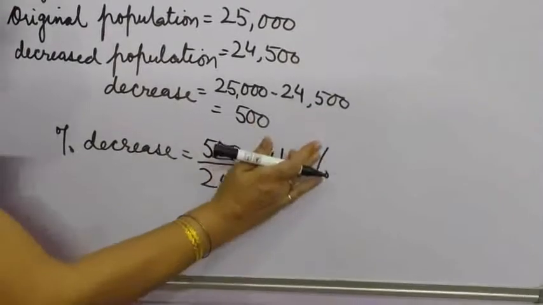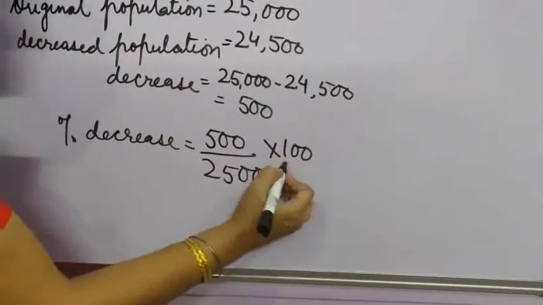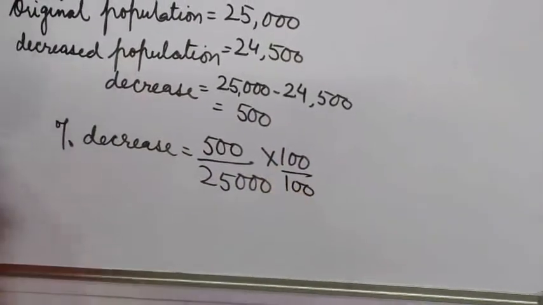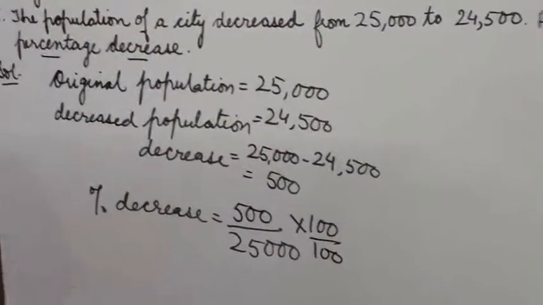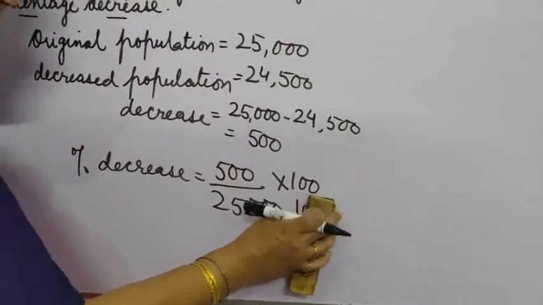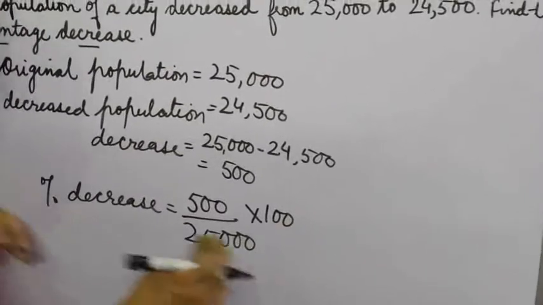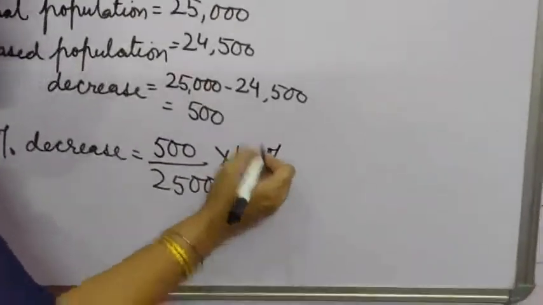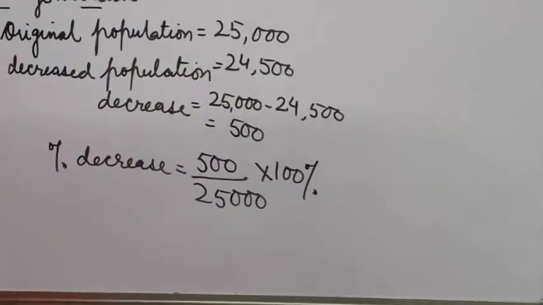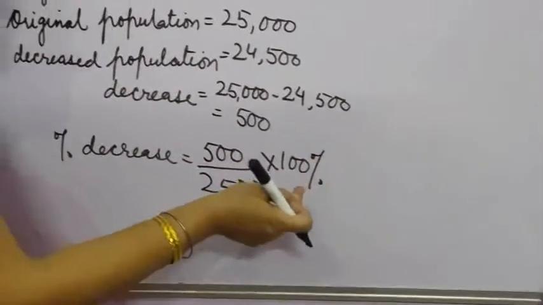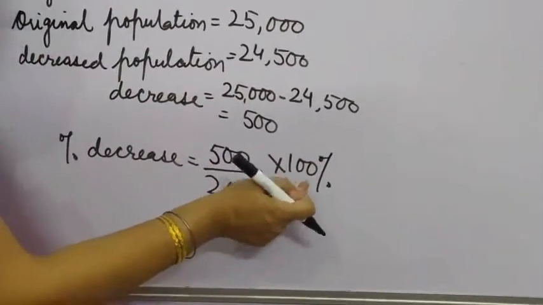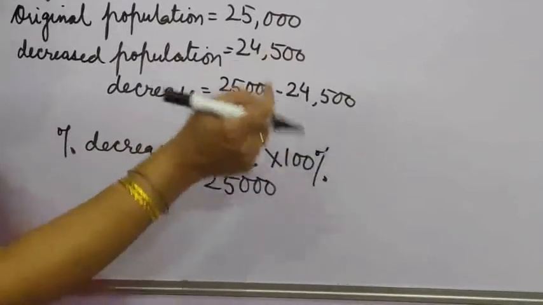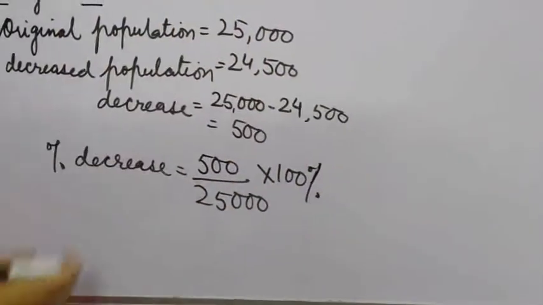I hope you remember where this 100% comes from. It is actually 100 upon 100. And this 100 which is in the denominator is converted into the percentage sign because percentage means out of 100. So that 100 in the denominator represents out of 100 and that becomes this percentage.